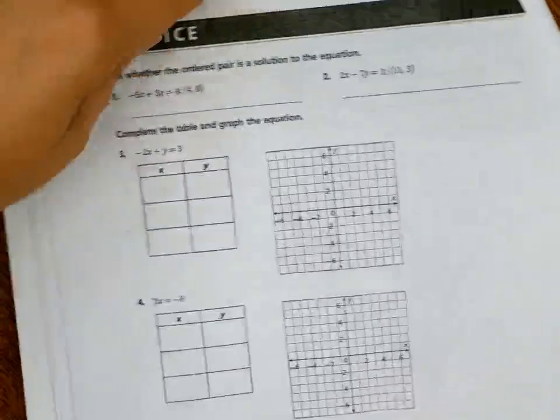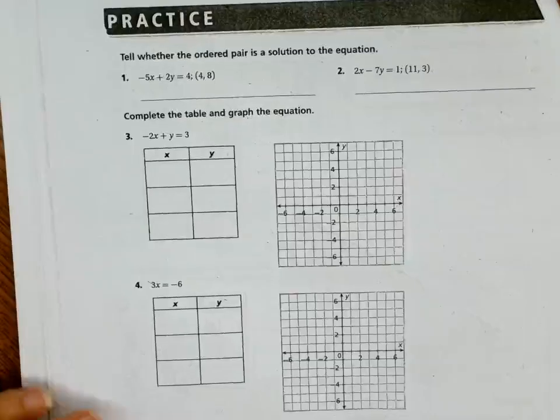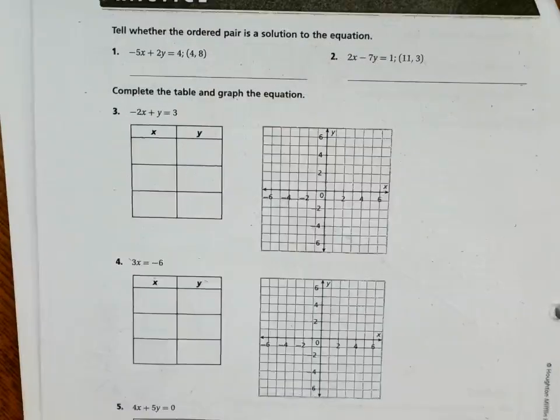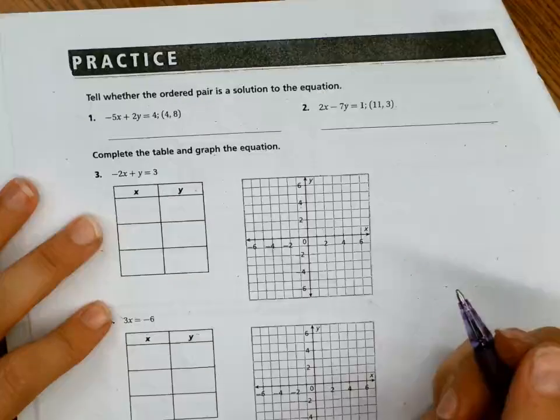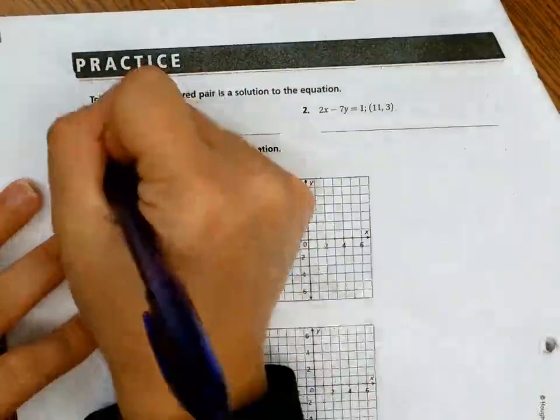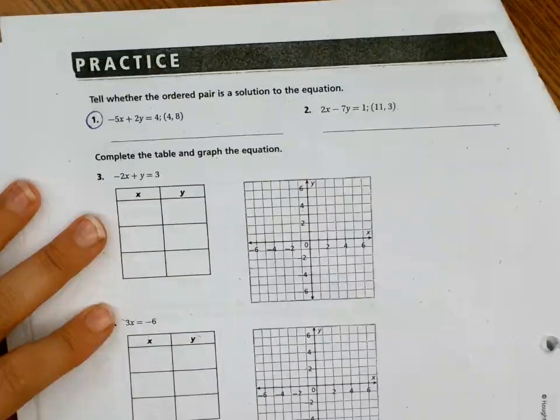Alright, so here is some practice. Tell whether the ordered pair is a solution to the equation. So I want you guys to try out number 1 real quick. Tell me whether or not, is that a solution? Yes or no?